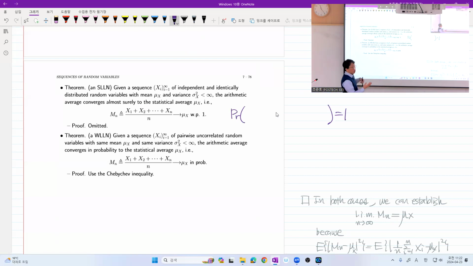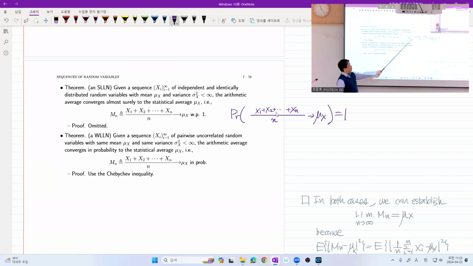The strong law of large numbers says some probability equals 1, right? Because it says converges with probability 1. Probability 1. Now, what event? What event? This is your statement, okay?